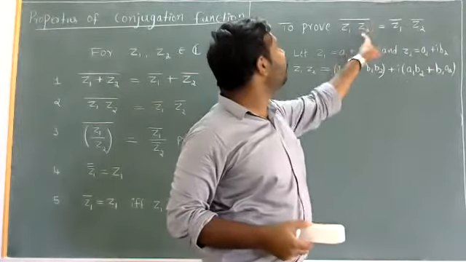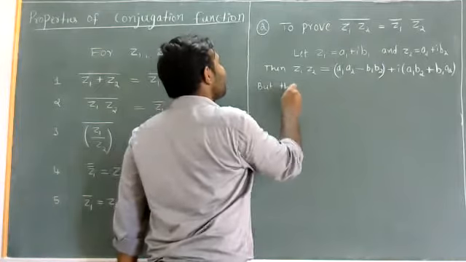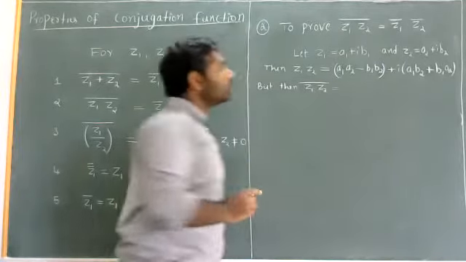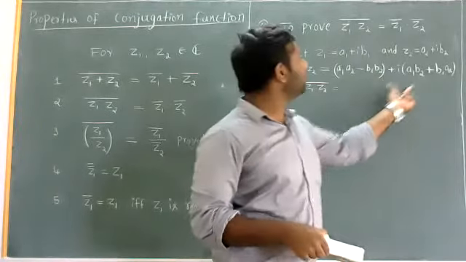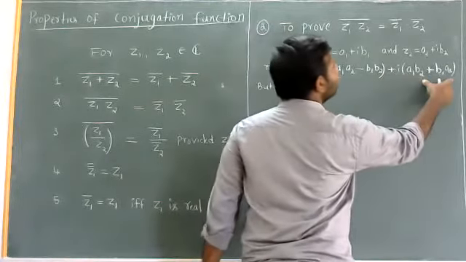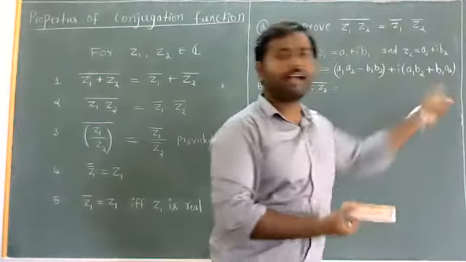Now I need the conjugate of that. What will it be? (Z1 into Z2) whole bar. Right? Just have to write its conjugate, and it is got by negating the imaginary part. So if A plus iB is there, its conjugate will be A minus iB. That's it.